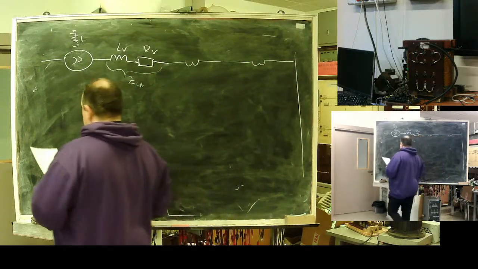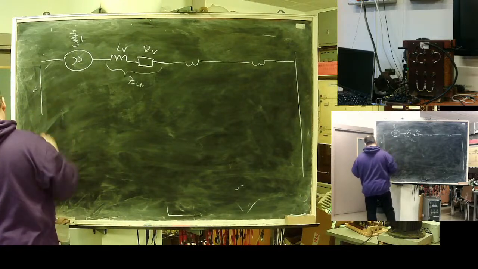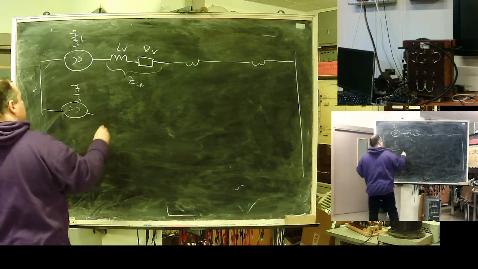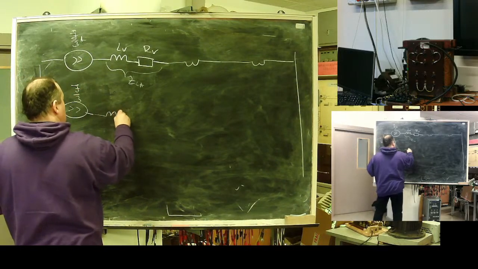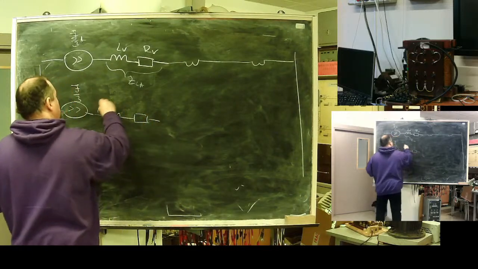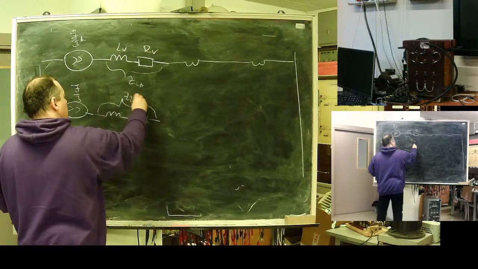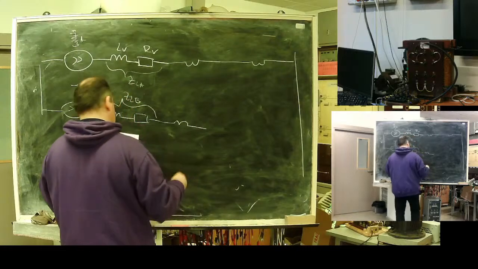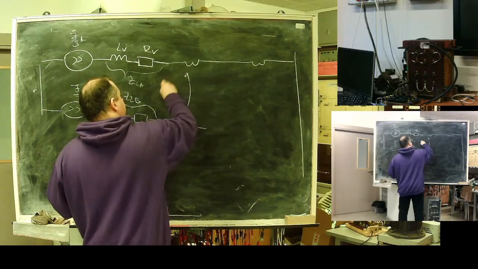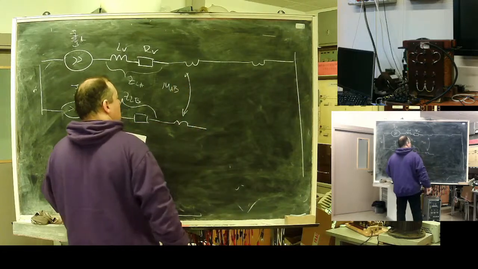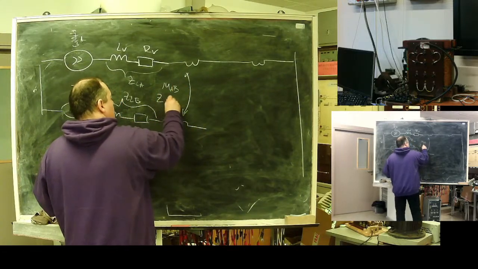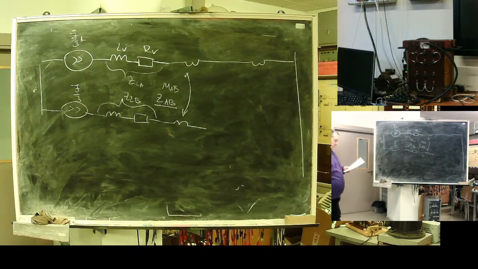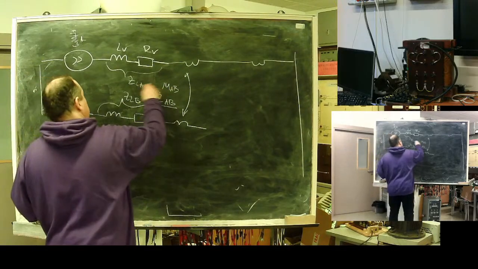This will go to ground. It's the A phase. For the B phase, a source again, with its self impedance. And what's this? AB mutual inductance. It will be presented as mutual resistance, ZAB, complex. They are complex.